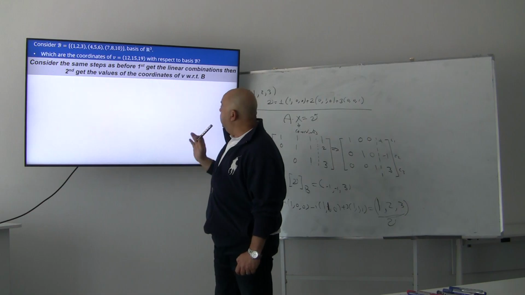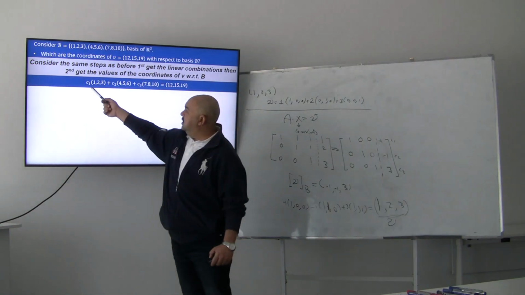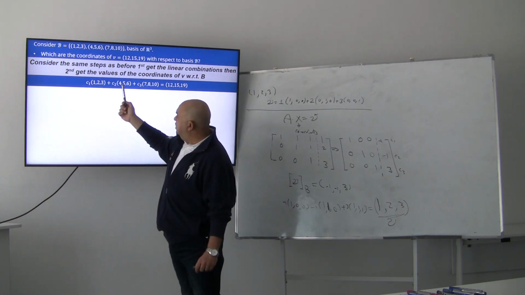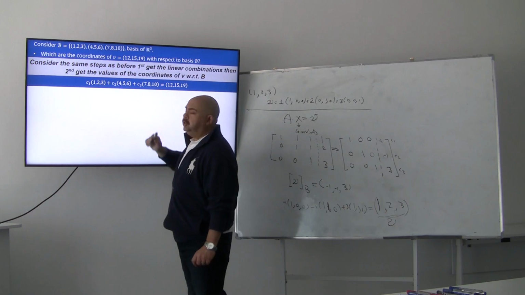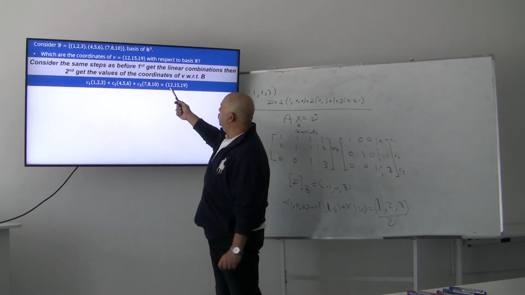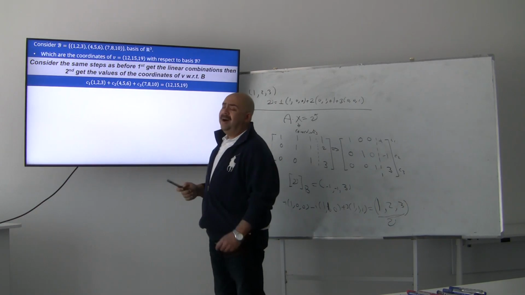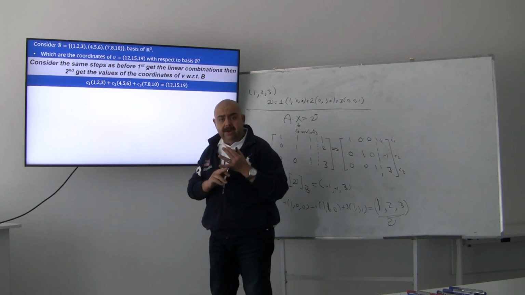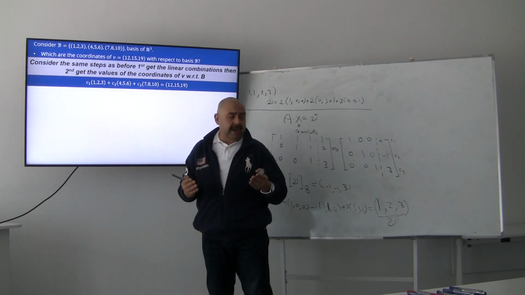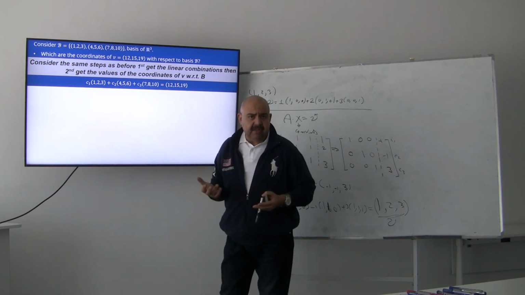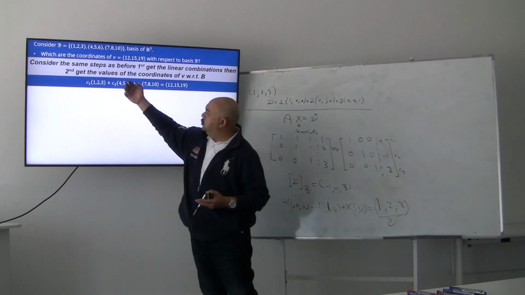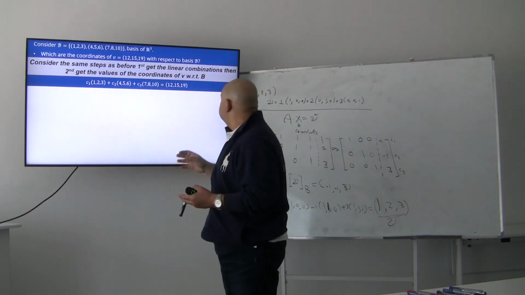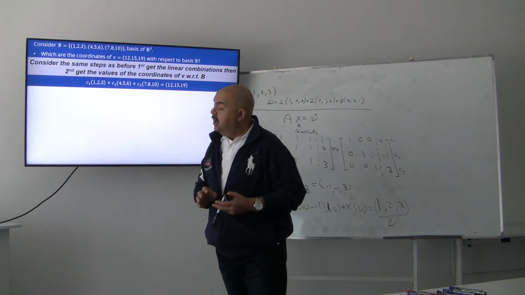I will start by forming first the system of equations, which means that I have C1 times the first vector, C2 times the second vector, and C3 times the third vector, which is supposed to equal (12, 15, 19). I can solve this system exactly like this problem for C1, C2, C3, and this way I can find the combination which, if I used with these three vectors, I will get the required vector, (12, 15, 19).